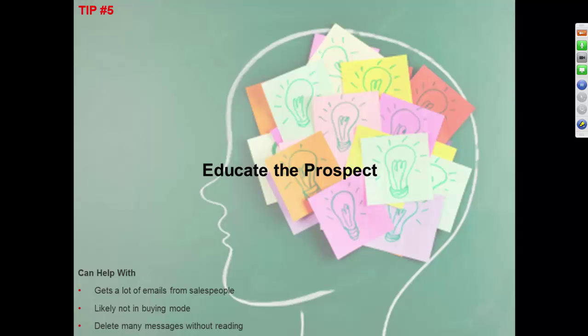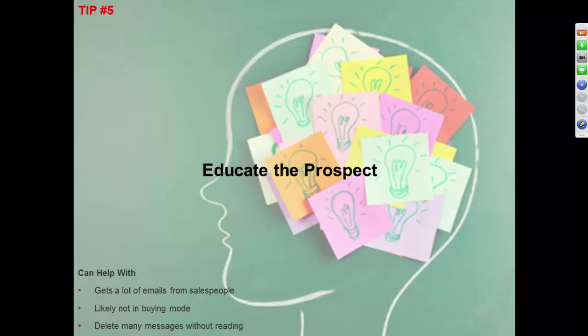There's a difference between trying to sell the product and trying to educate the prospect. Trying to sell the product can really be aligned with talking about the product and the features, and educating the prospect can be more in the direction of talking about their needs and why they might need your product.